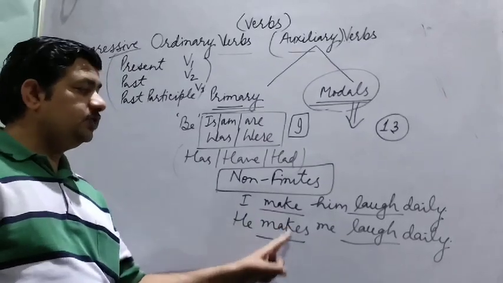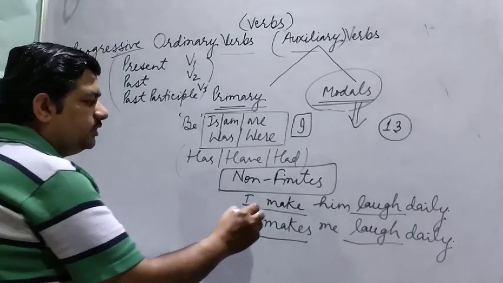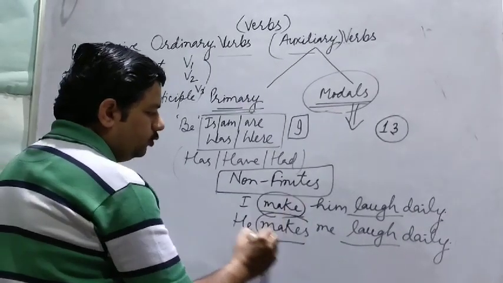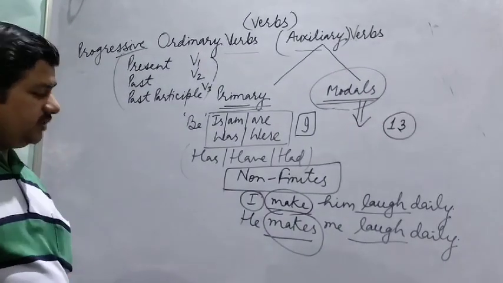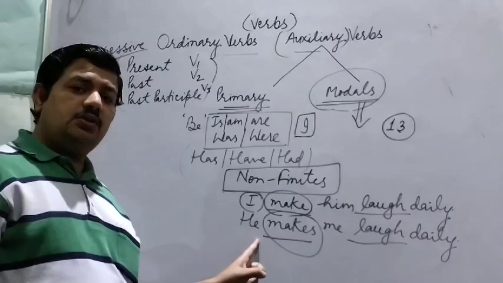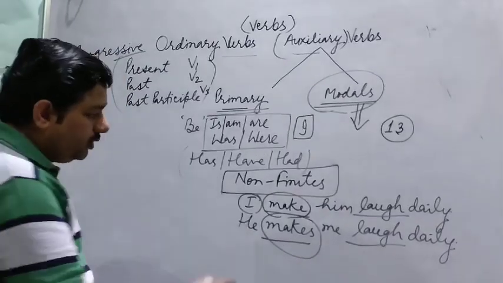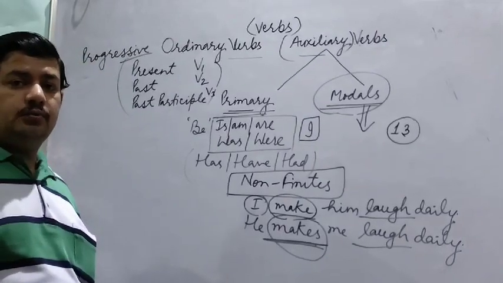Only in this verb, make; in this verb, laugh, there is no change. So there is a change in the verb according to the change in the subject. Earlier in the first sentence there is the use of first person. In the second sentence there is a use of third person singular. So there in this verb we have made some kind of change.